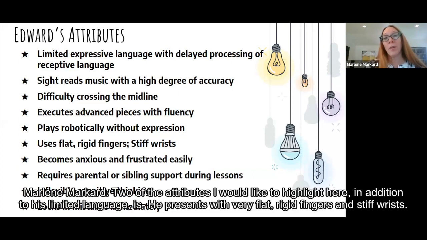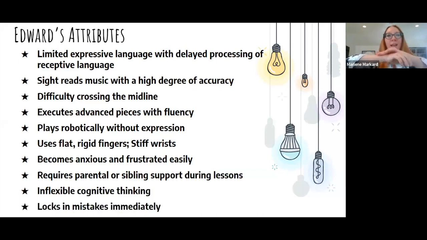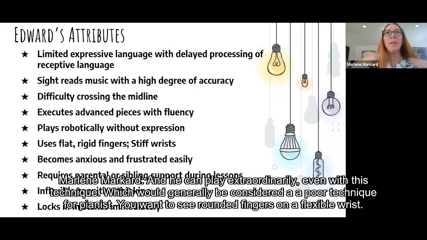Two of the attributes I would like to highlight here, in addition to his limited language, is he presents with very flat, rigid fingers and stiff wrists. And he can play extraordinarily even with this technique, which would generally be considered a poor technique for a pianist. You want to see rounded fingers and a flexible wrist.